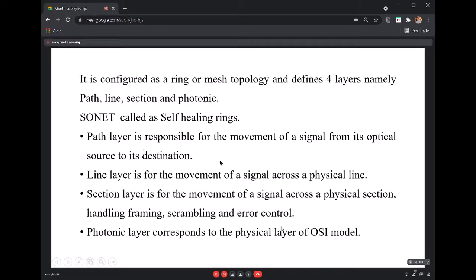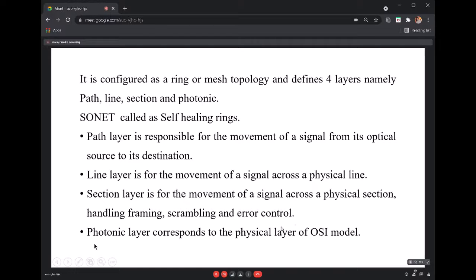So the path layer is basically responsible for the movement of the signal from its optical source to its destination. The line layer is the movement of a signal across the physical line, whereas the section layer, which is in the textbook by Raju Ramaswamy, is responsible for the movement of signals across the physical section, handling framing, scrambling, and error control.